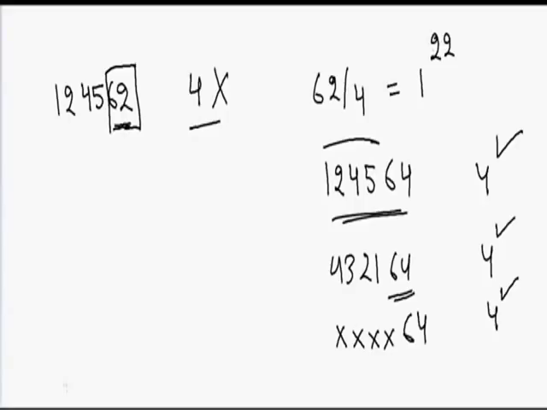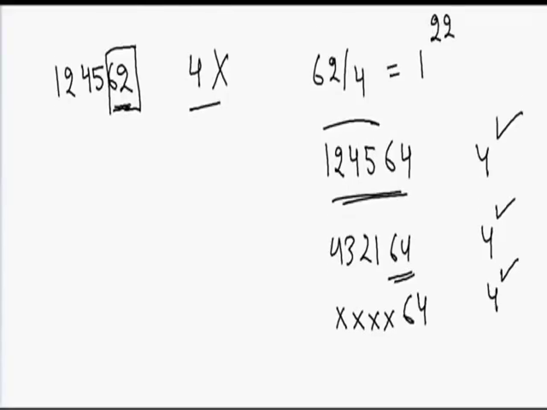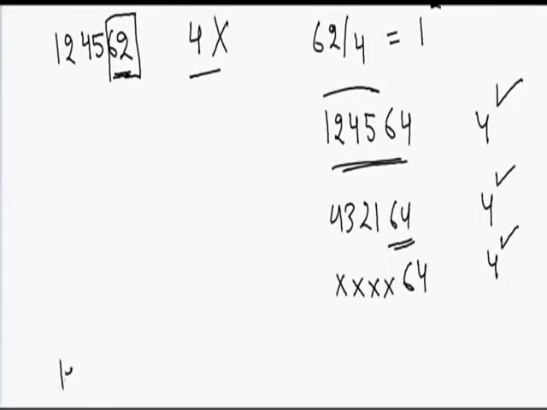Now let's write the number again. So 1 2 4 5 6 2. Is this number divisible by 5? No, because for it to be divisible by 5, the last digit should be either 5 or 0.